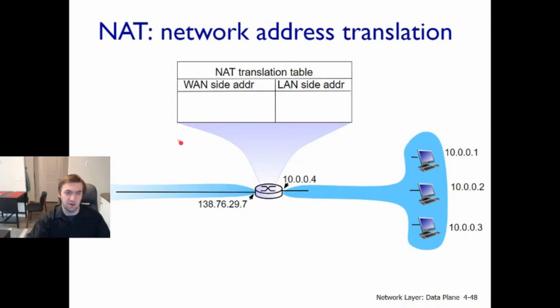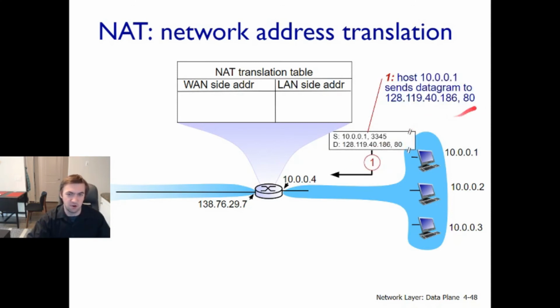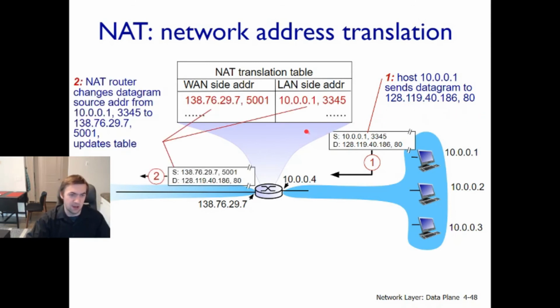Let's go through the process of network address translation from one step all the way to the end. So first off, let's have our host 10.0.0.1 sending a datagram to this address and this port number. It arrives at the router, and to the translation table, we add the pair of the original data that we have to the new address, which refers to the router's interface address, which is the number that you can see over here.